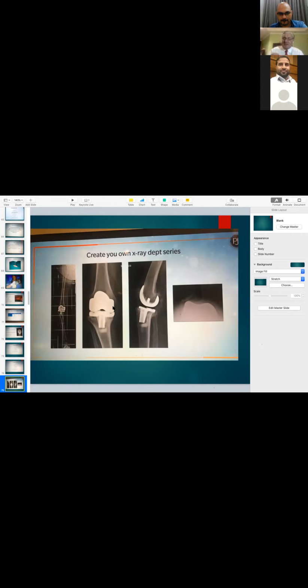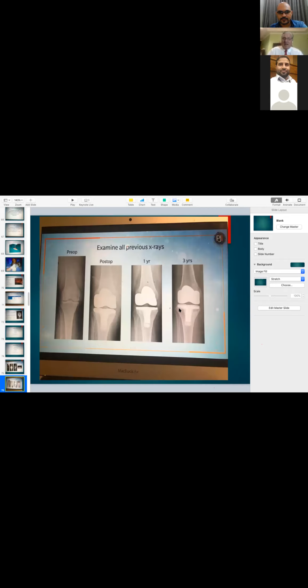So by simple X-ray and follow-up, you can find multiple causes for the painful knee: alignment, loosening, osteolysis, patellar maltracking. And also, when you examine previous X-rays, you may follow it.